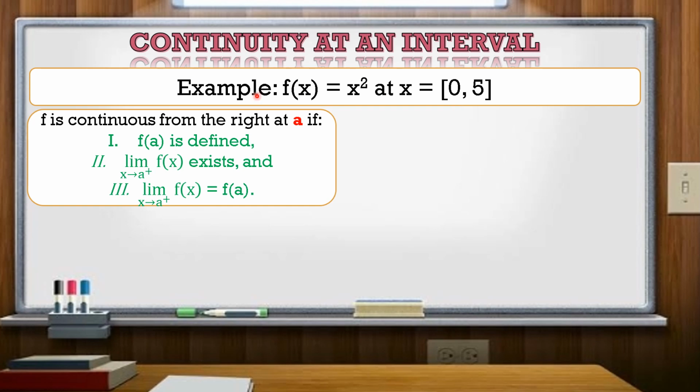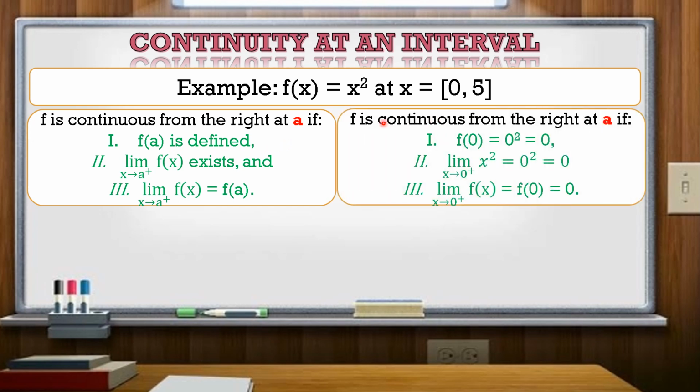Okay? Una, hahanapin natin kung tuloy-tuloy ba yung function natin from the right at a. So para malaman yon, we will use the following conditions. So una, alamin muna natin yung f of a. So what is our f of a? Our f of a is f of 0, which is equal to 0 squared, which is also the same as 0. So yung a natin dito is 0, at yung 5 naman natin is b.